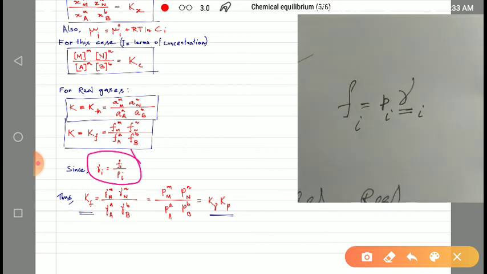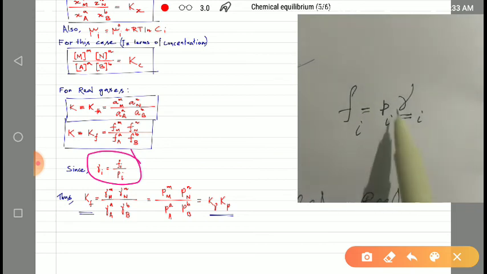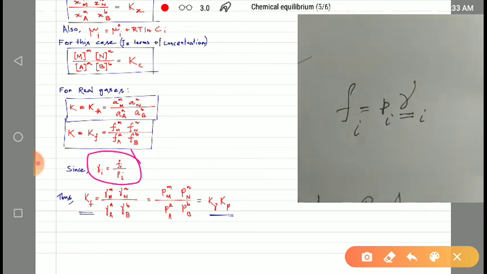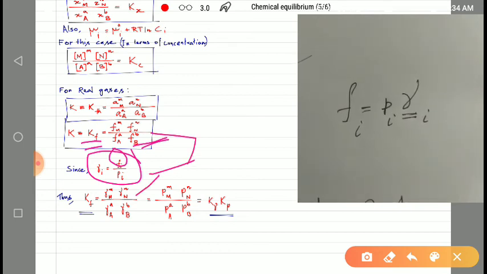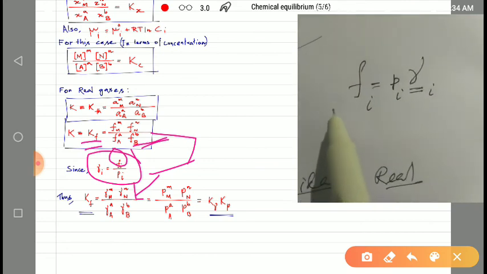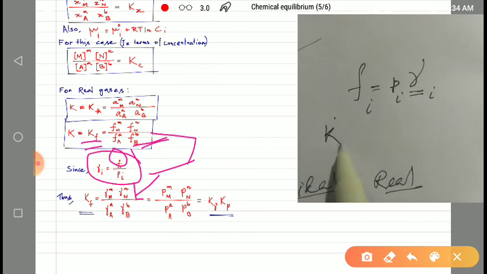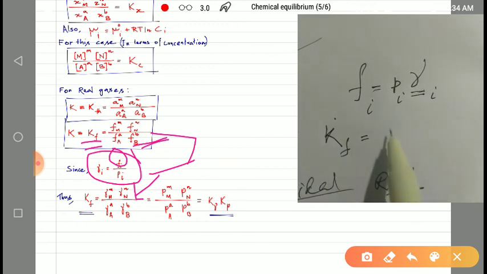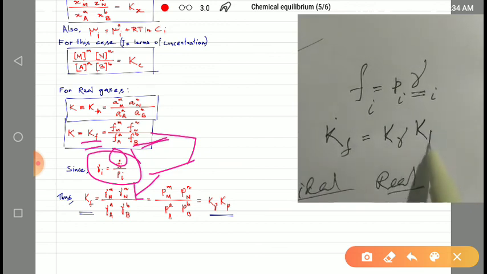So you can replace the value of fugacity by using this relation. They use this relation and this relation, solve them, and get K_f equals K_gamma times K_p.